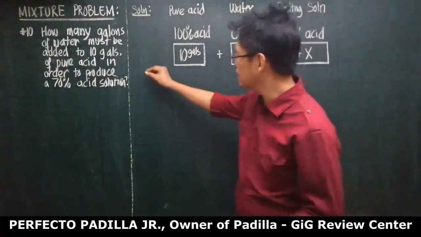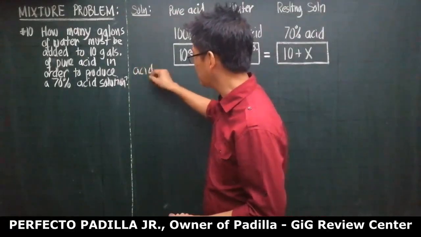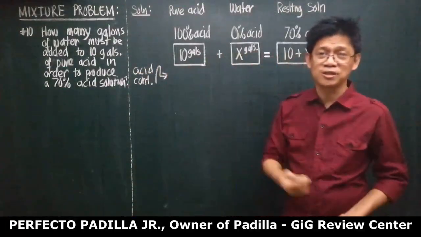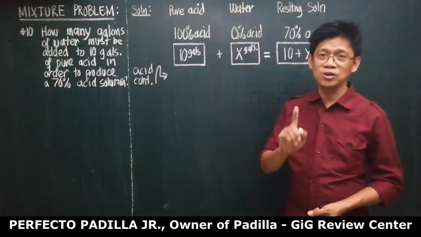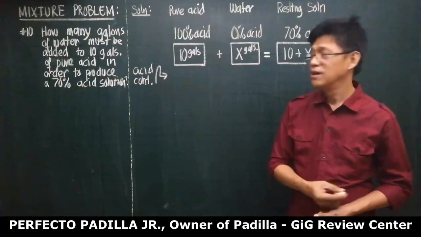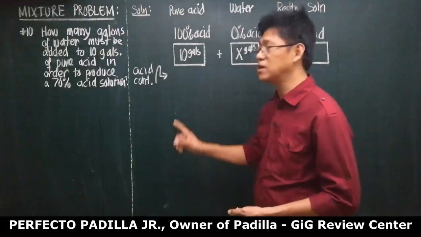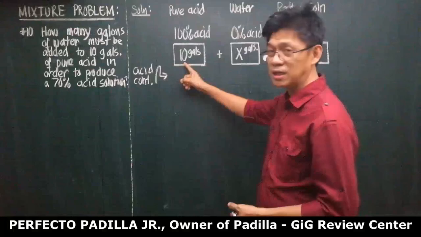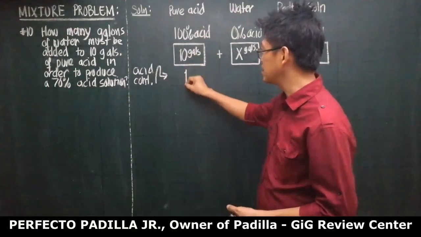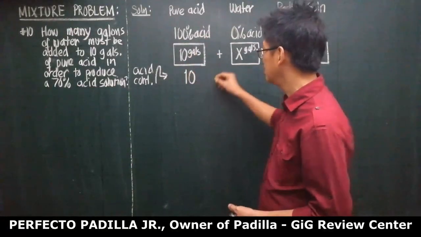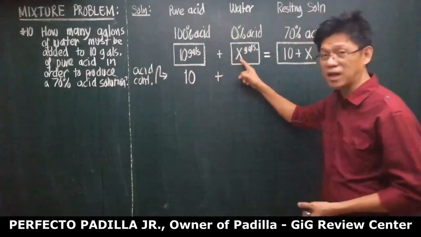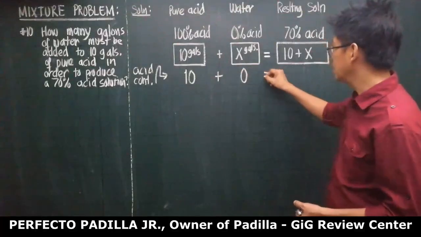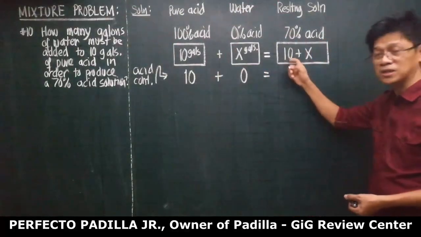Now, if we consider the acid content, okay? Kung salt solution, percent salt, you consider salt content. Kung sugar solution, you consider the sugar content. This is acid solution, you consider the acid content. 100% of 10 is acid, so this is 100% of 10 is 10, plus 0% of x is acid, 0% of x, that's 0, equals 70% of this is acid.